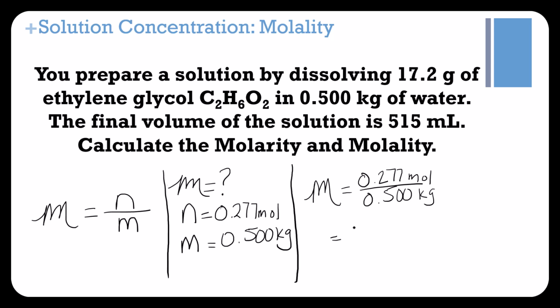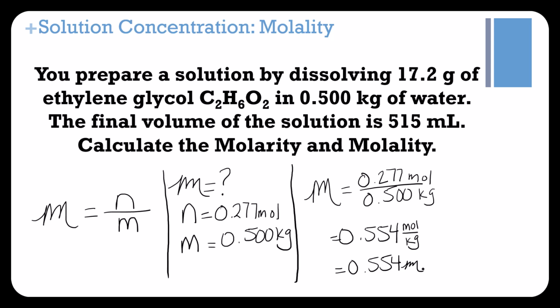And the molality comes out to 0.554. For the units, you can, of course, keep the unit, so you can say moles per kilogram. That would be perfectly acceptable. You also could do the units as a cursive or italic m.